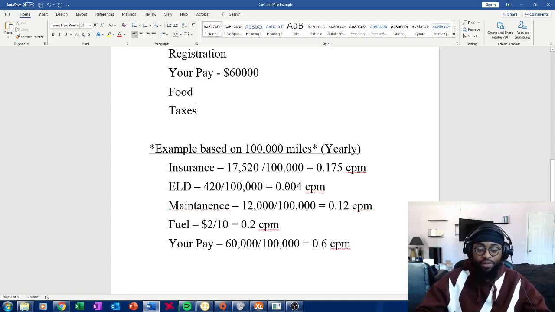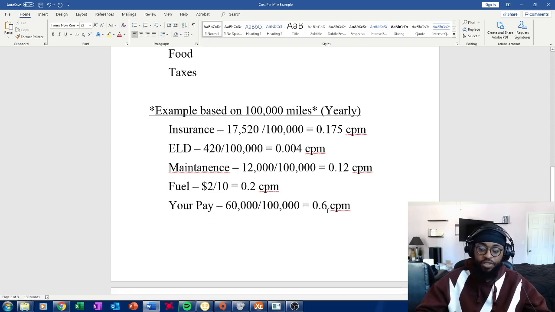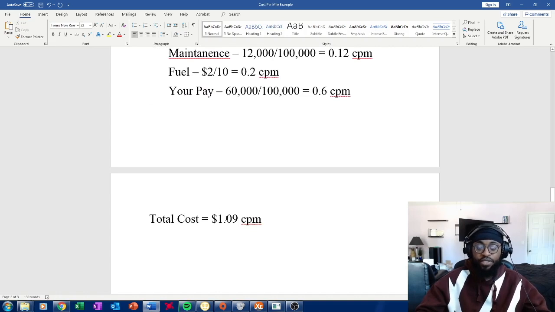You do the exact same math, and it comes out to 0.004 CPM. Maintenance, do the same thing, 0.12. Fuel, this is costing you 20 cents per mile. And then your pay, for example, is just 0.6, so 60 cents. So the total cost for you to turn your truck on, for you to drive your truck, is costing you $1.09 per mile.